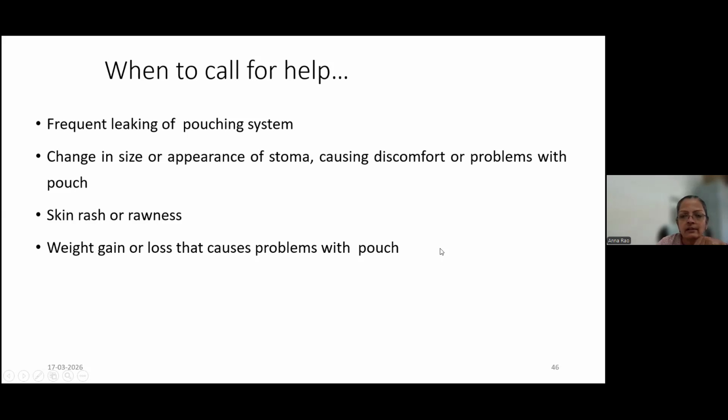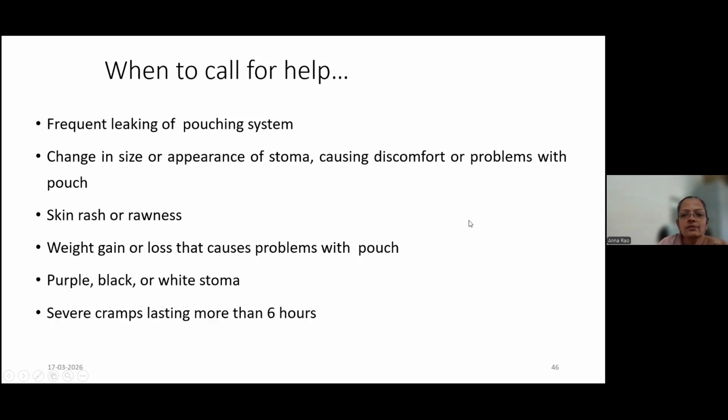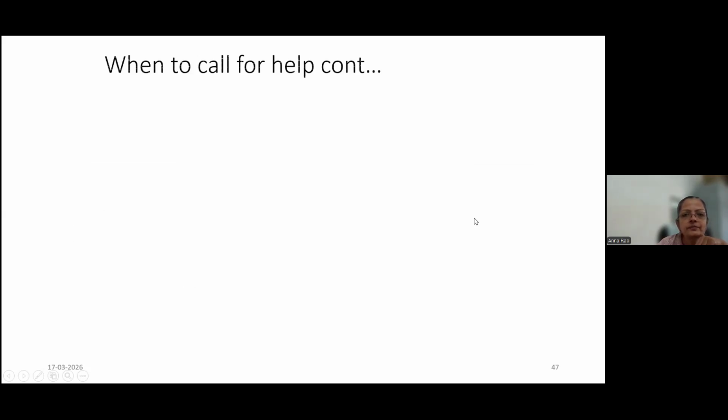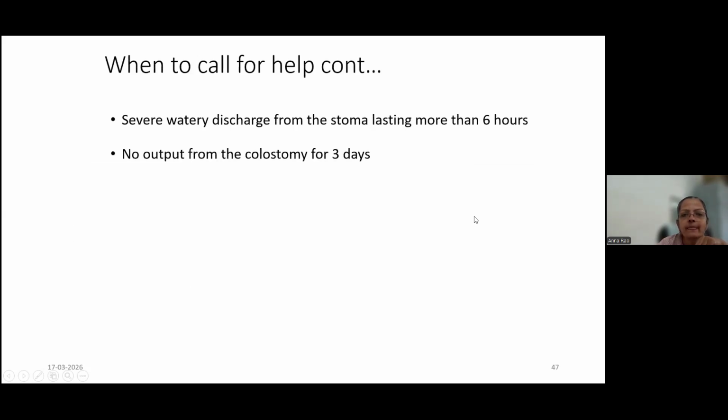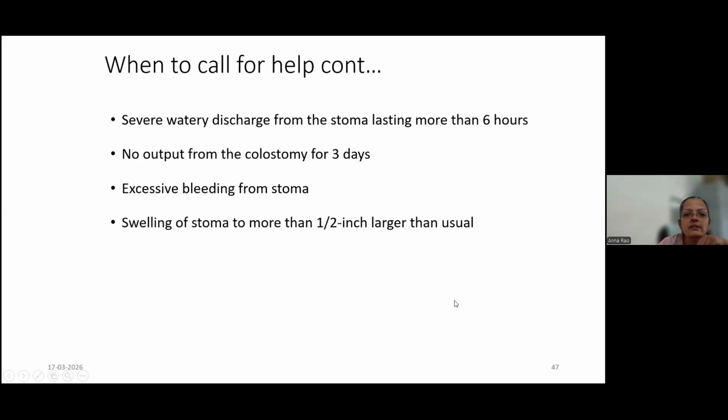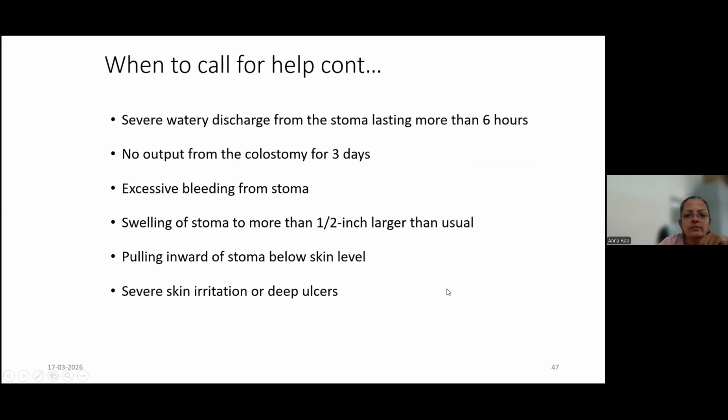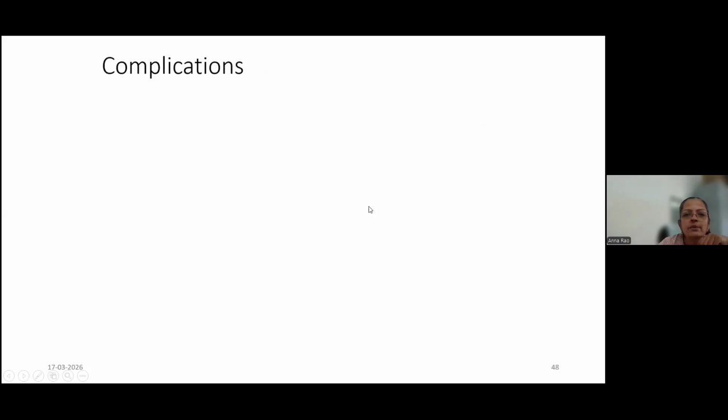Then a large amount of discharge, or if it is not functional at all for 3 days, bleeding, swelling, stomach going in, irritation, ulcers, bulging, all these should be informed.